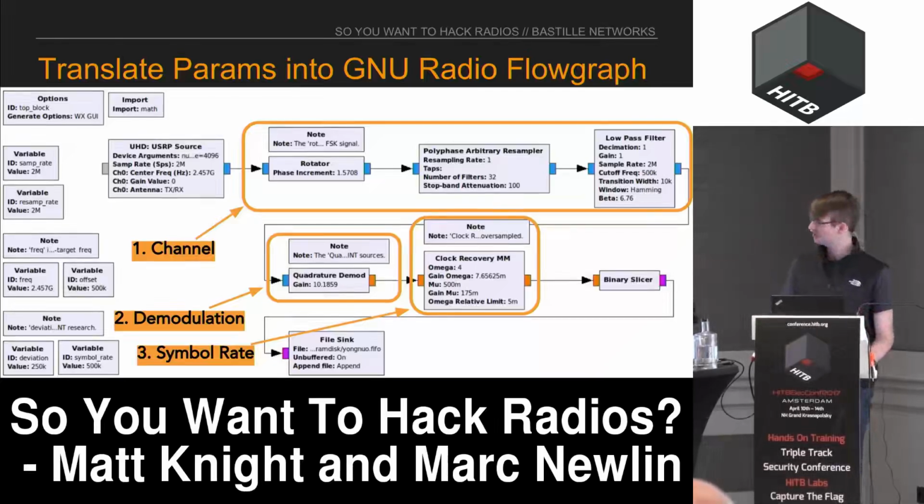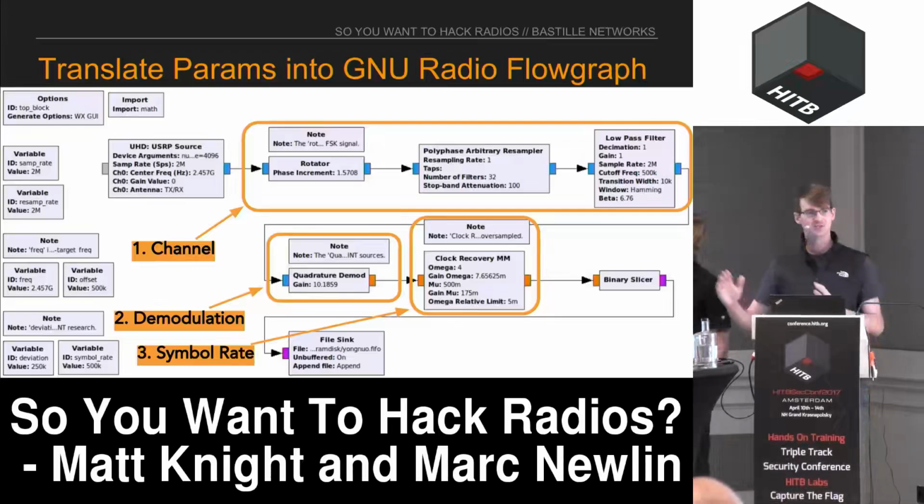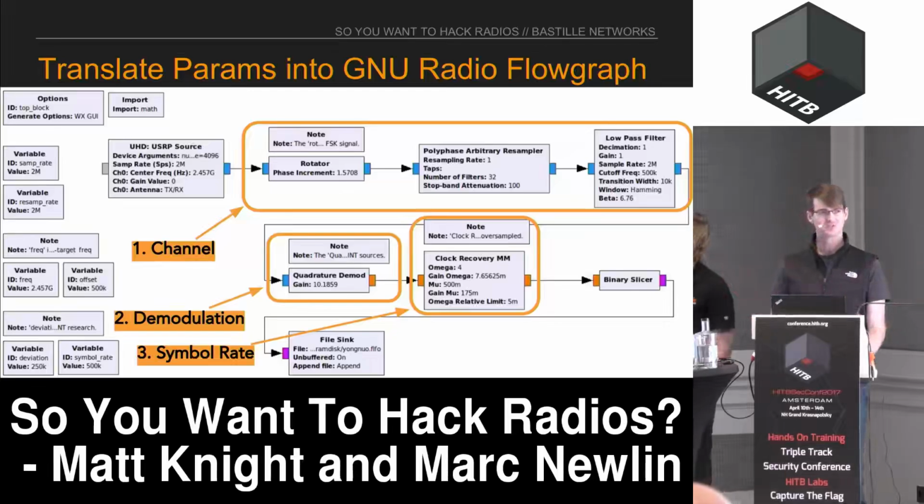So the first oval on top is essentially establishing our channel. The rotator is centering our signal at the middle of the channel that we're looking at. The resampler is essentially throwing out anything that's outside of the channel, and then the low-pass filter is just cleaning up any spurious stuff that might be left over. The second oval, the oval on the left there, bottom left, is the demodulation.